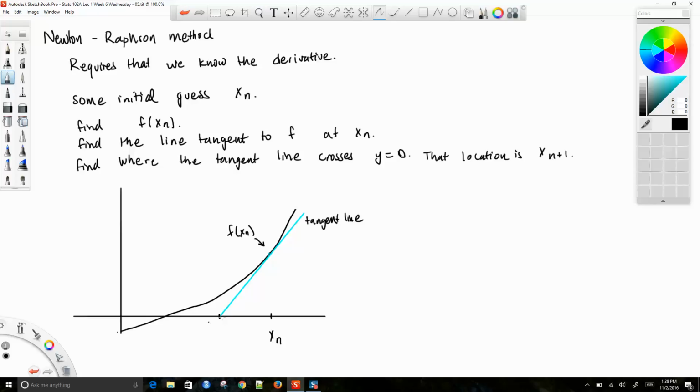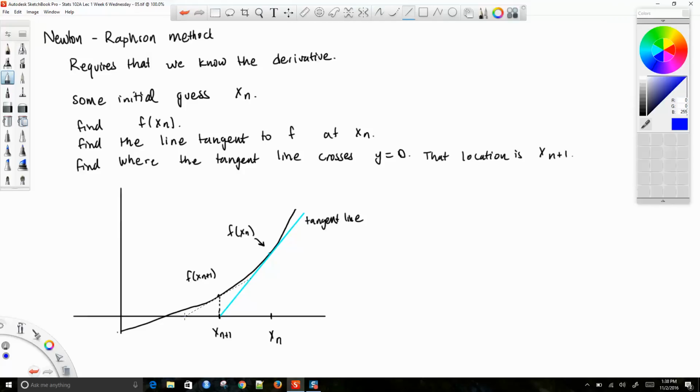So it crosses here, and this is going to be my new guess, x of n plus 1. Then I'm going to go up again to this point. This is going to be f of x of n plus 1. And then we find the tangent line right here. I guess I'll use another color.